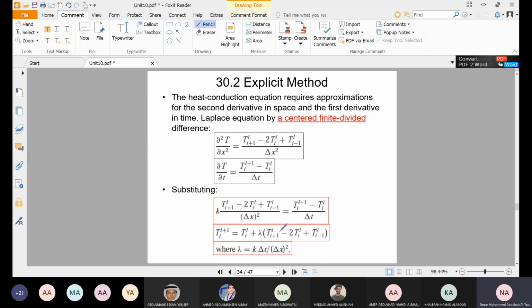This is the equation you can see here. We need to predict the value at the next time, i+1, by using information of the temperature at the previous or current time.